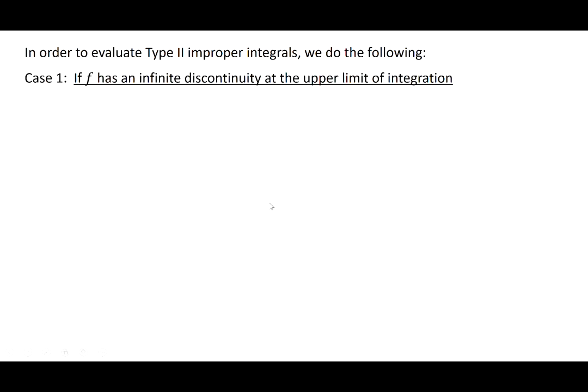We do the following. If f has an infinite discontinuity at the upper limit of integration, let's say we needed to evaluate this type 2 improper integral, and at b there is an infinite discontinuity. Then we'll say, you know what? Our interval is a to b, and there is a problem at the upper limit b.